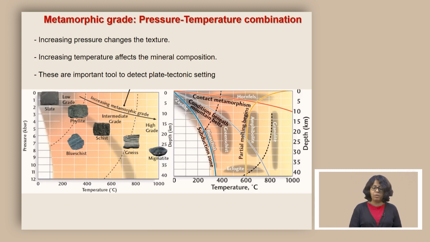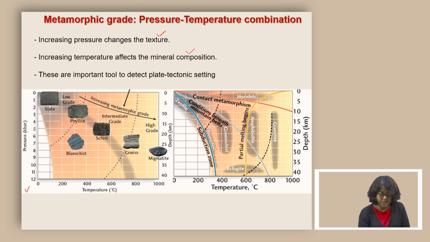And that is one of the ideas of reconstructing past pressure temperature combinations using a variety of texture and mineral composition. So, this particular plot shows the variation of metamorphic texture varying with increasing metamorphic grade.